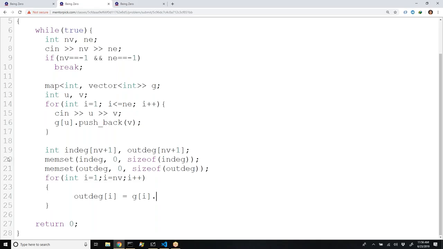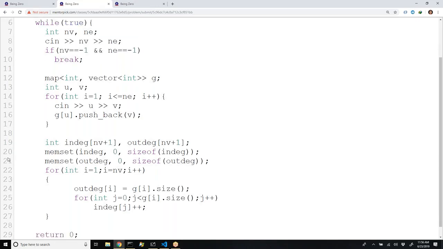G of I dot size, right? For in degree, what we do? For int j is equal to 0, here we have to start from 0 because it's a list. J less than G of I dot size, j plus plus, and we say in degree of j plus plus. Yes? No.